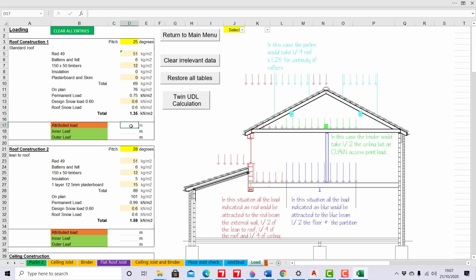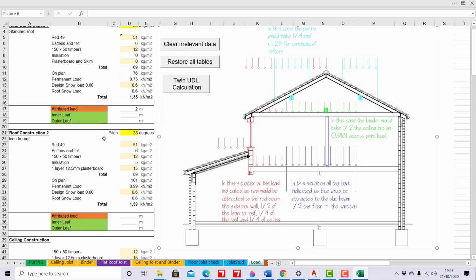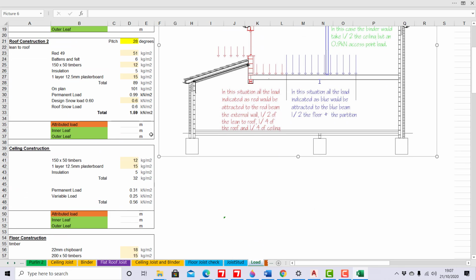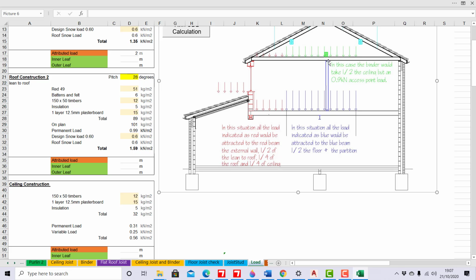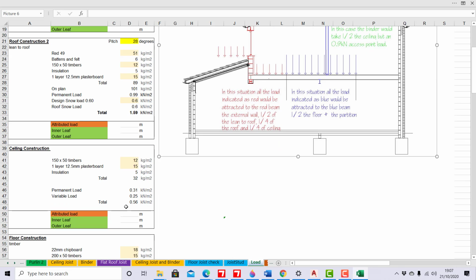So now you'd put in the attributed load, 2 meters. And then you go down to the ceiling, and again 2 meters, that's 4 meters from there to there, so that's 2 meters. So we put 2 meters of ceiling joist in there in the attributed load. Don't put it in the green, that's only if you need to split it inside leaf and outside leaf.